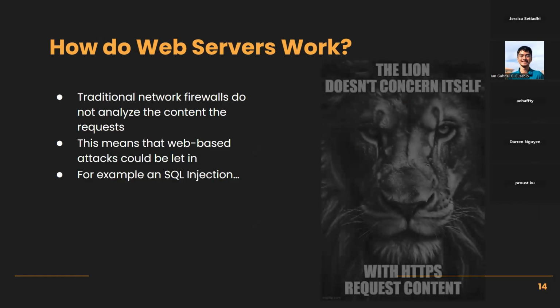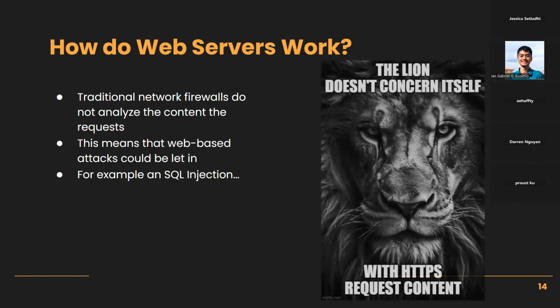But there's a problem with this type of deployment on your network. First of all, traditional network firewalls don't analyze HTTPS content, since it mostly handles, I believe, the network or transport layer of the OSI model. So that means that any web-based attacks are going to be let in.